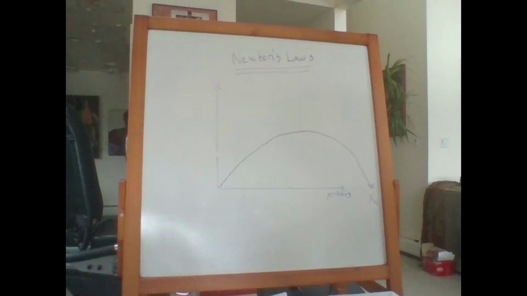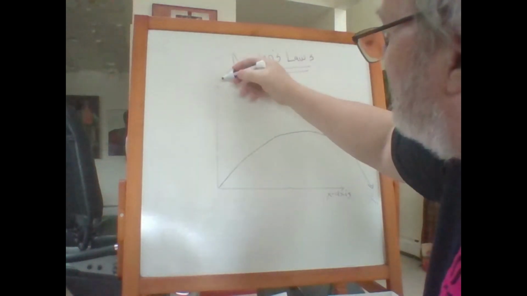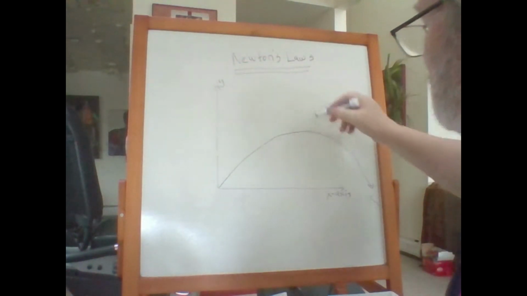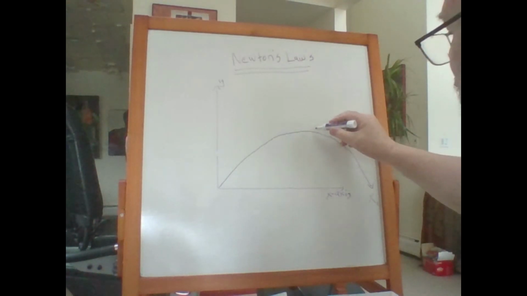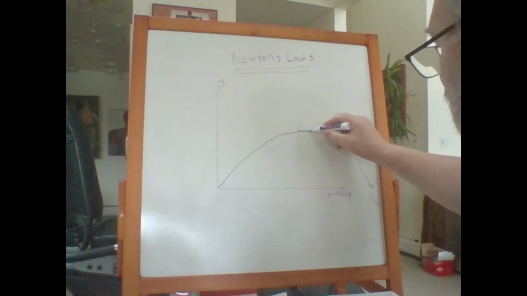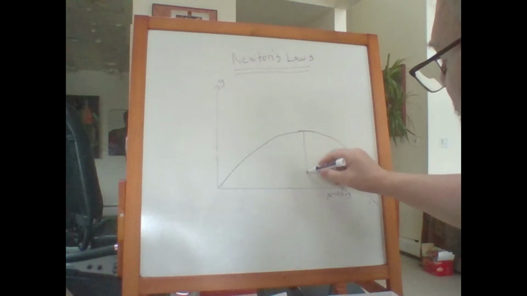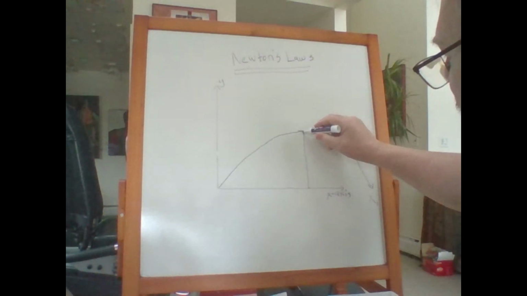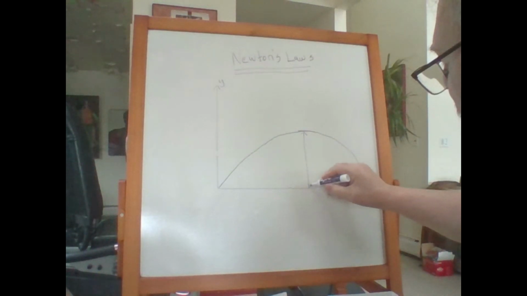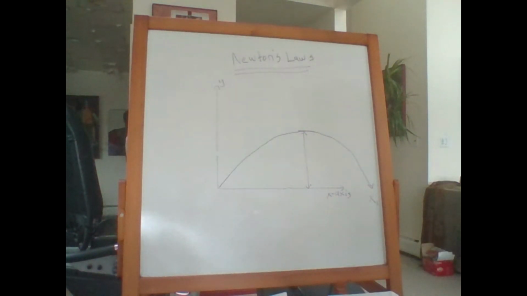And this is the y-axis. The cannonball is going to reach a maximum height at some point and then begin to drop back down to the ground. You can do this with a baseball or any other object that you throw.